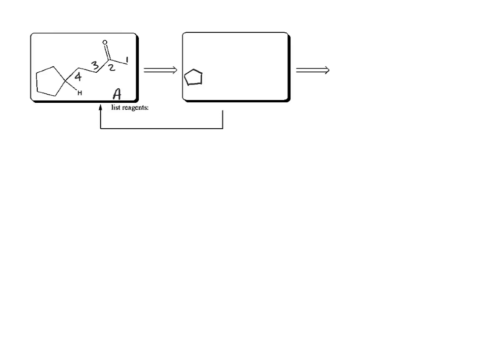So here's cyclopentyl, carbon number 4, 3, 2, and 1 with the double bond between 1 and 2, and with the alcohol at carbon number 2. So enol is the tautomer of ketone, an intermediate.